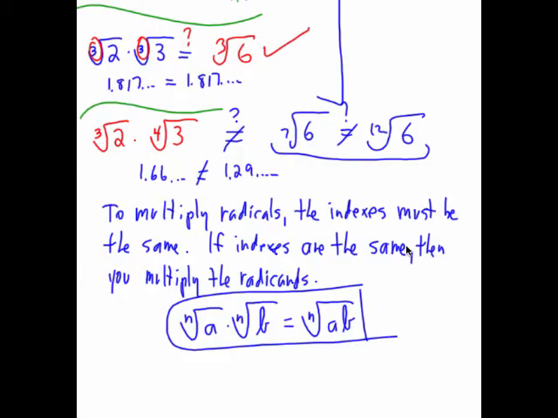At the moment, all we can conclude is that if the indexes are the same, we can multiply the radicands. If the indexes are different, we have no shortcut for doing that. So our bottom line is, to multiply radicals, the indexes must be the same. If the indexes are the same, then you multiply the radicands, and we can express that as so.